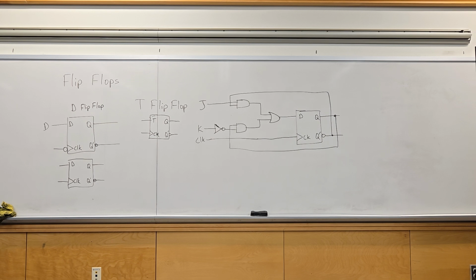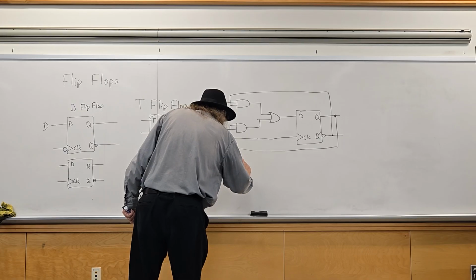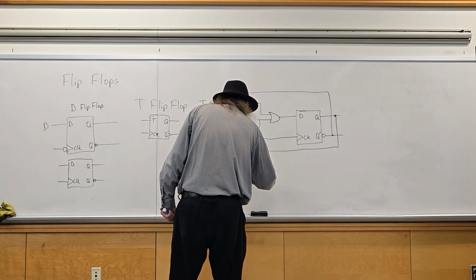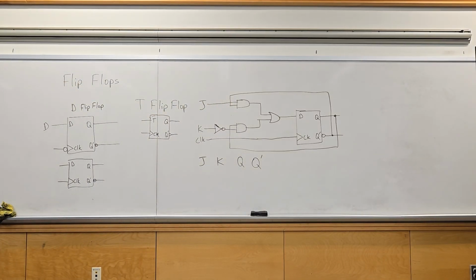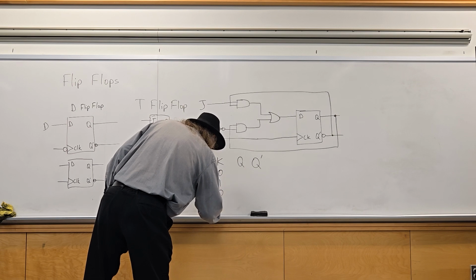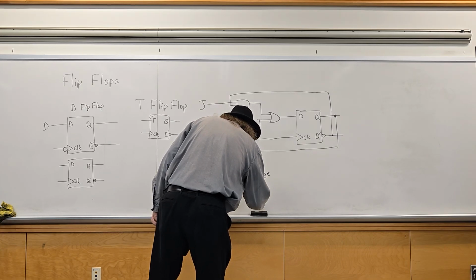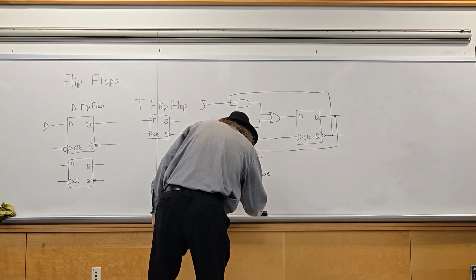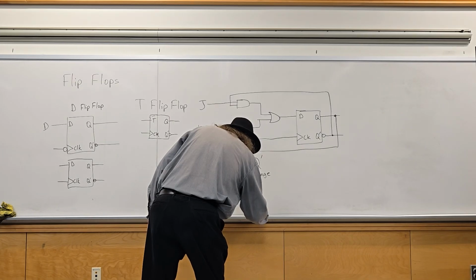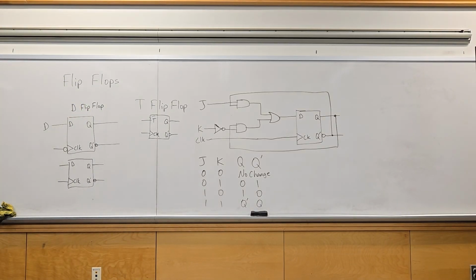So the state table is, let's see here, and it is a complement when the J and K inputs are both 1.